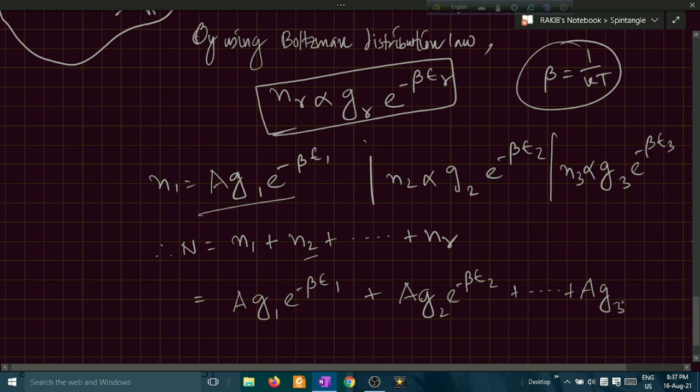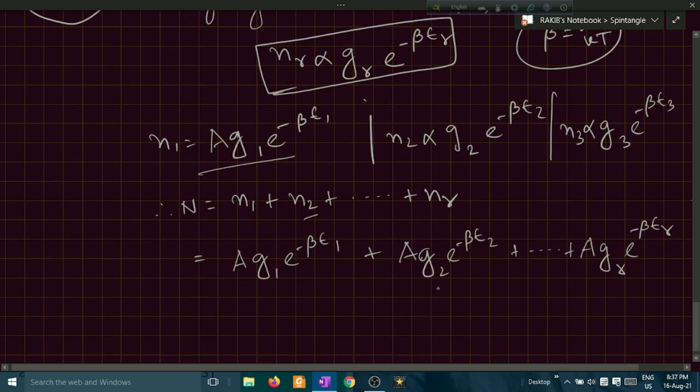The last system is the Rth system. Therefore, I can easily write it as the summation of A Gi e to the power minus beta Ei, where i ranges from the first system to the Rth system.